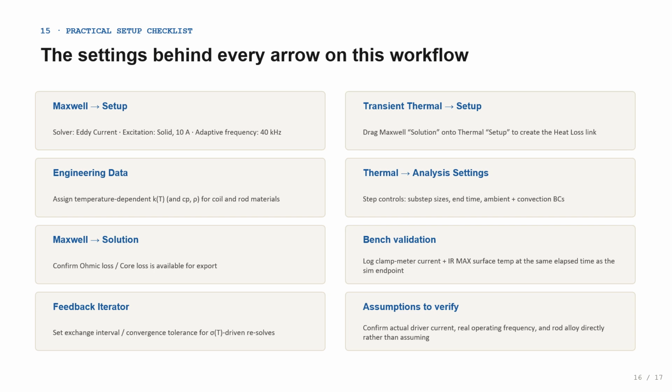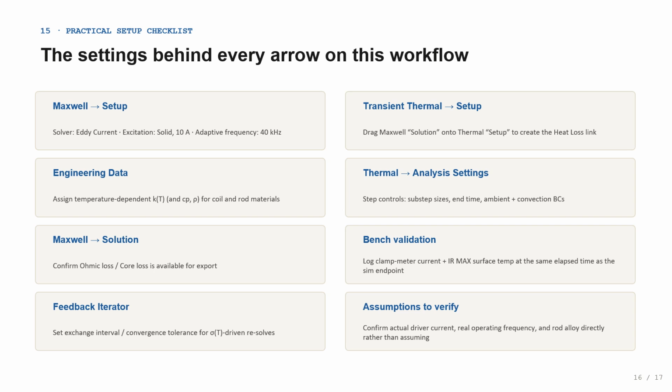In Maxwell's solution, confirm that ohmic loss and core loss, if relevant, are actually available for export before you build the coupling. On the Feedback Iterator, set your exchange interval and your convergence tolerance for the sigma of T-driven resolves. This single setting controls how often the step function we discussed earlier actually updates.